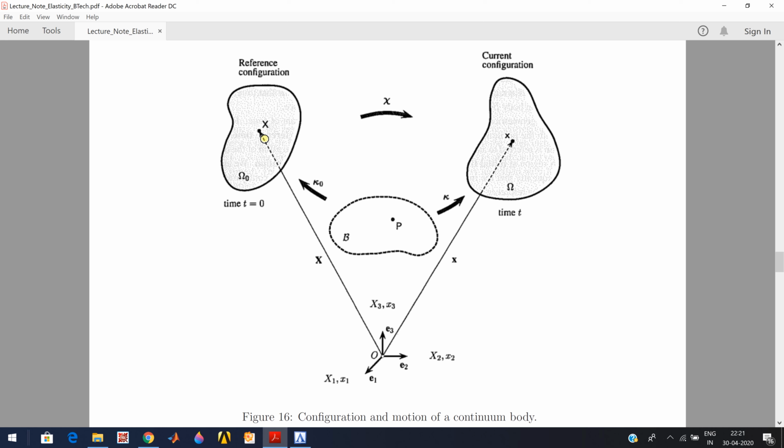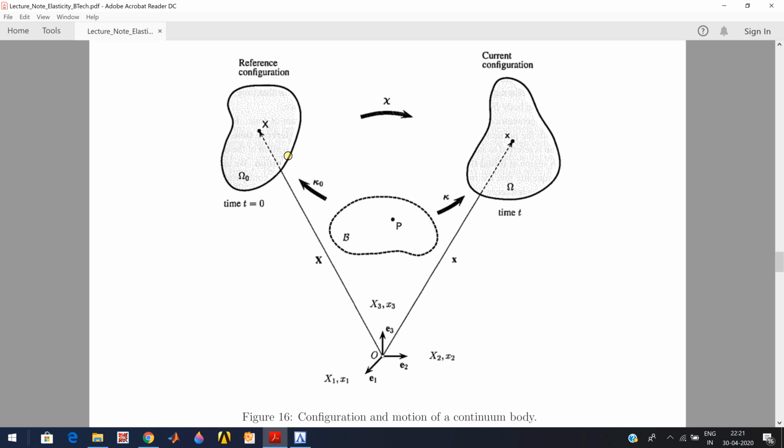Capital X actually denotes the position vector of that particular point P. And then after deformation, that same point P moves to a new position within that current configuration, and the position vector of that point P in this current configuration is termed as small x.